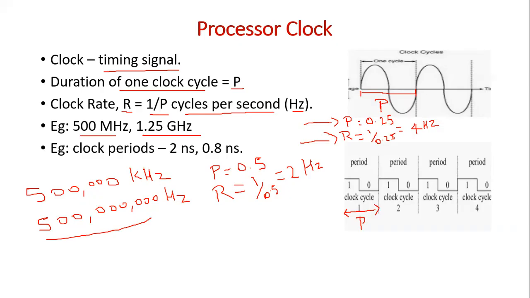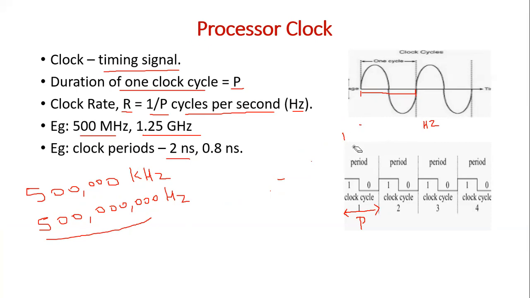For 500 megahertz, the clock period P is 2 nanoseconds. If the clock rate is 500 megahertz, then the value of P is 2 nanoseconds.